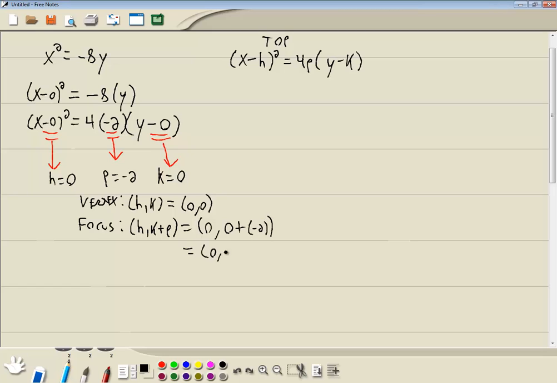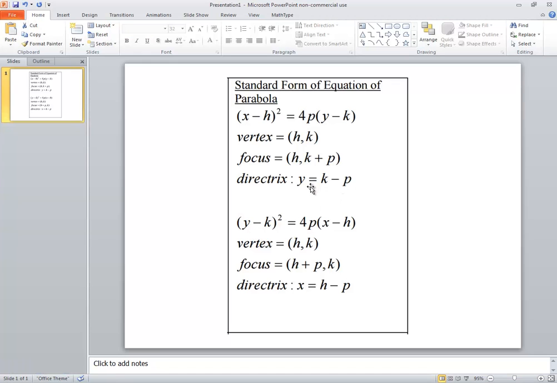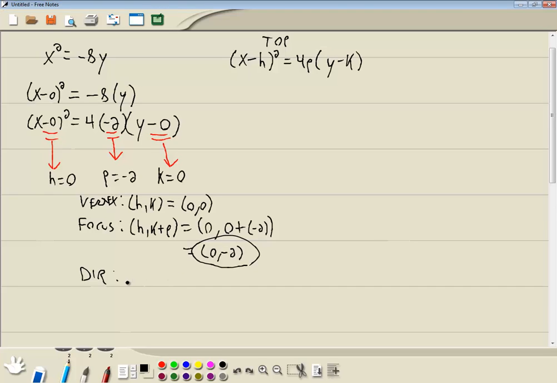So we're going to have (0, negative 2), and that's our focus. Our directrix for the top formulas is y is equal to k minus p. Well, k we said was 0, minus p, which was negative 2. So we've got negative negative, so y is equal to positive 2.